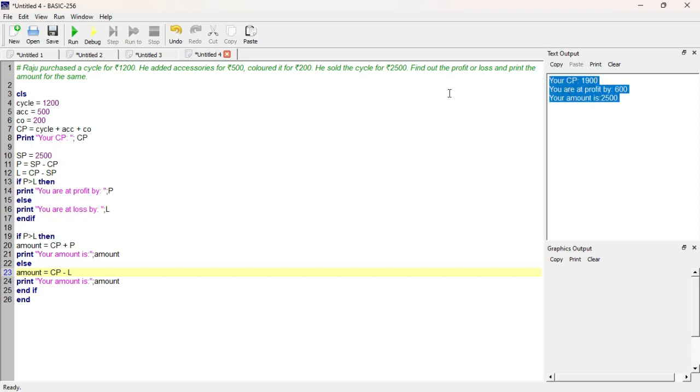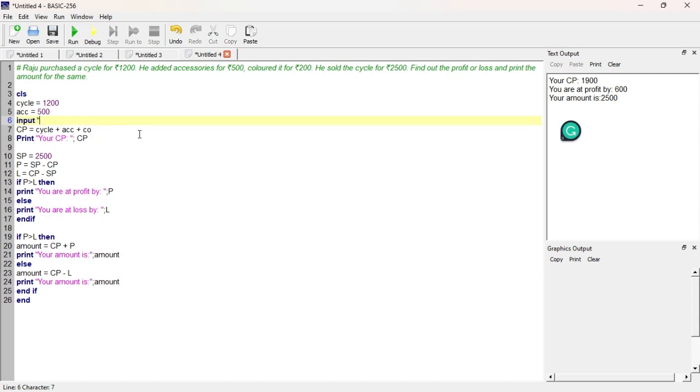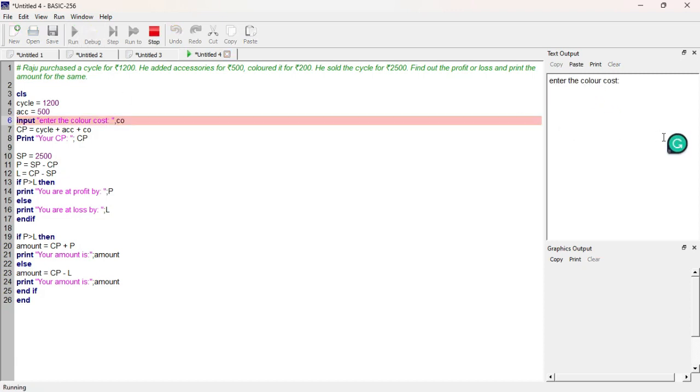There's a profit of 600 rupees. And one more thing we can do is, we can make one of the values an input. So it will first ask us the color cost.